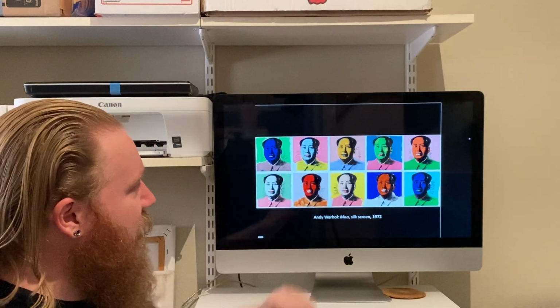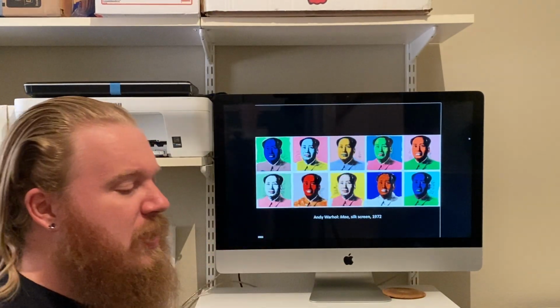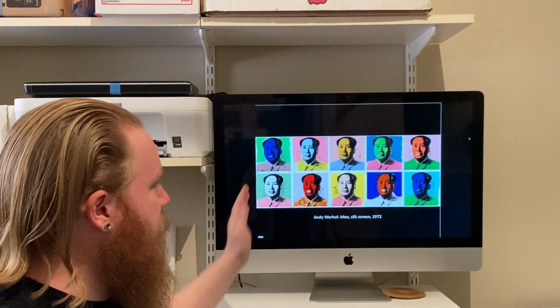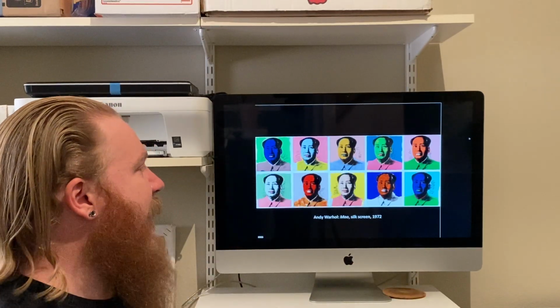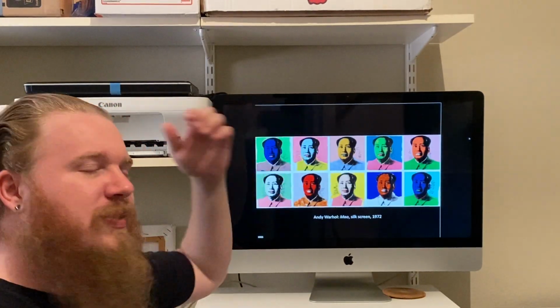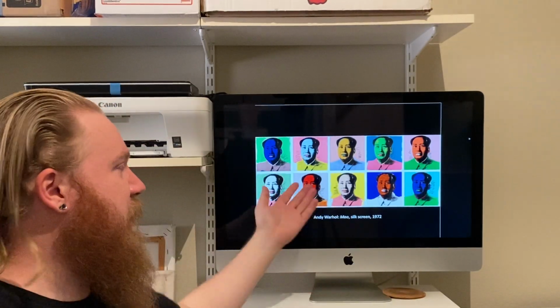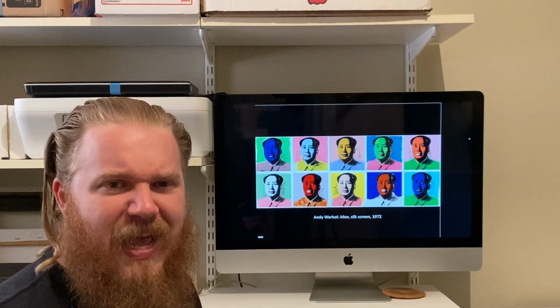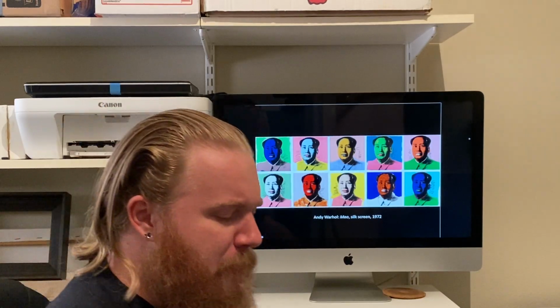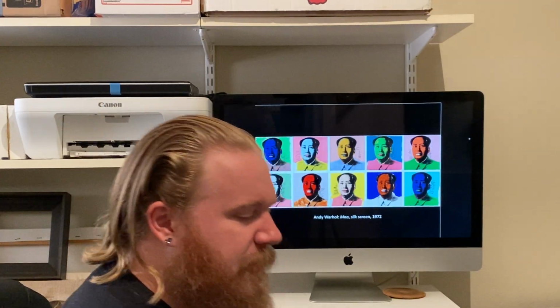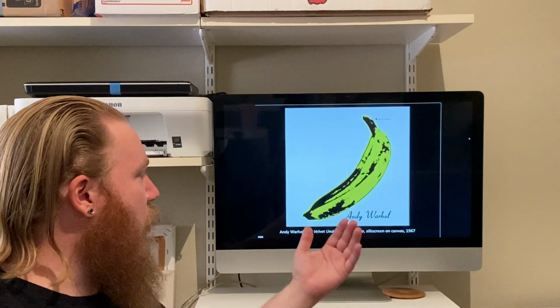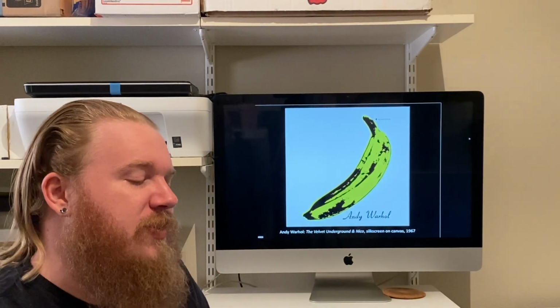Once again, we can see screen printing here being used to recreate the image over and over again, and also being used to comment on this commodification of celebrity, in this case the cult of personality established by many of the communist dictators. Andy Warhol is also well known for doing all kinds of things.